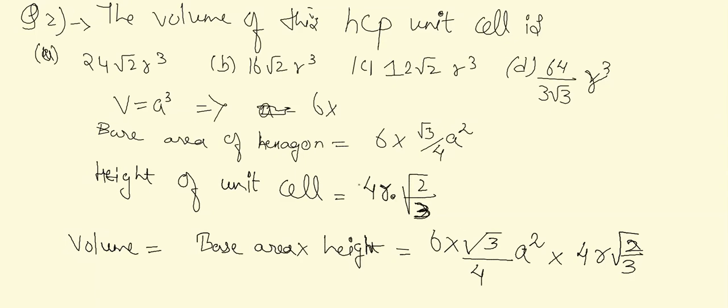Sorry, I have written a square here. It is not a square, it is r square. So you can see, root 3 and root 3 get cancelled out, and the 4 gets cancelled out.